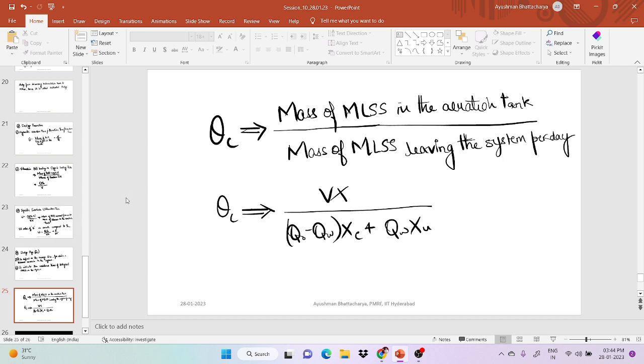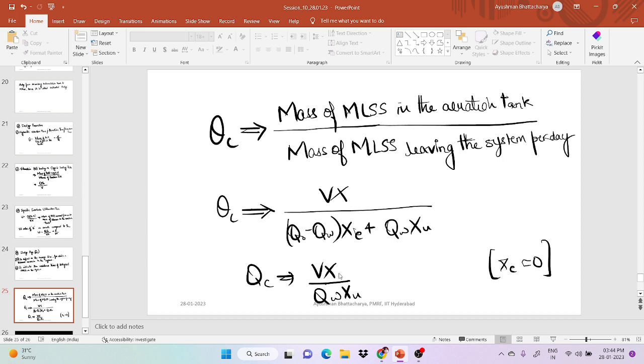So the second thing is sludge age. Basically, what happens if Xe is nearly 0? Then it is equal to Vx by QwXu. Sludge age is equal to Vx by QwXu.